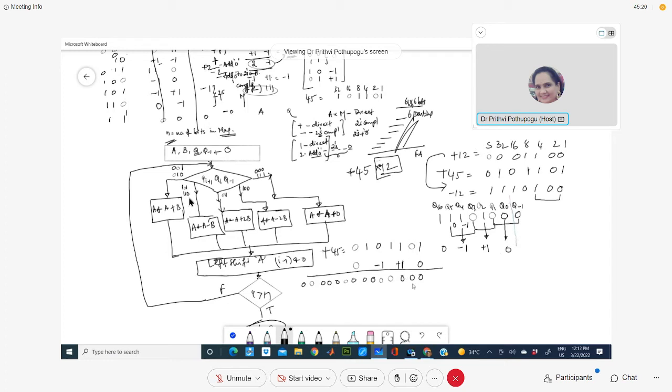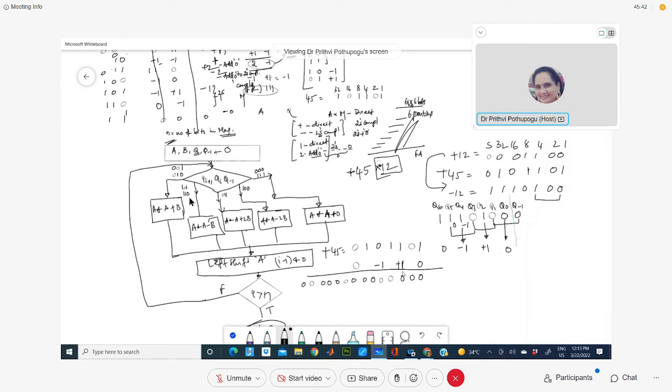Okay. Next, the next partial product should start not from the 1-bit shift, but from the second bit shift. Here we have taken, no, you left shift towards the next bit value.